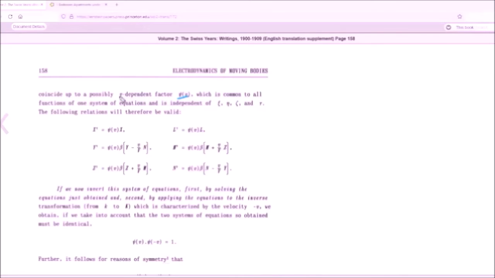Psi has to be v-dependent, which means depending on the velocity of the electron inside the coil or the conductor, which is common to all functions of one system of equations and is independent of the coordinates of the moving system. The following relations will therefore be valid. We got these relations before, a transformation function between the moving frame and the rest frame.